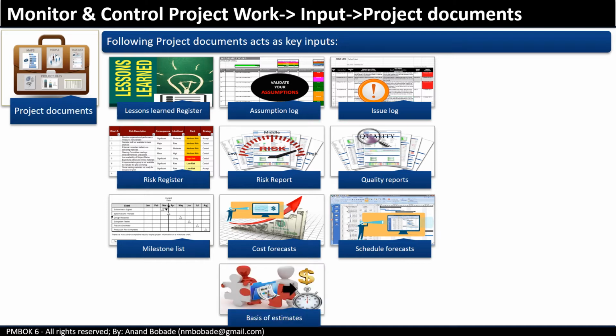Basis of estimate explains and gives you underlying data about how the estimation was done. All the above information will be used for analysis and to determine corrective and preventive actions. And of course, all this analyzed information will be compiled into reports.